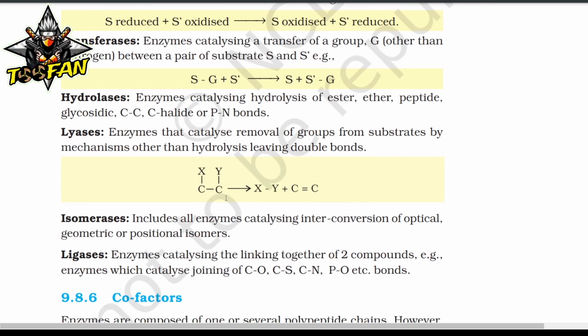Isomerases, including all enzymes catalyzing interconversion of optical, geometrical, or positional isomers. Ligases: enzymes catalyzing the linking together of two compounds. Example: enzymes which catalyze joining of carbon-oxygen, carbon-sulfur, carbon-nitrogen, phosphorus-oxygen, etc.